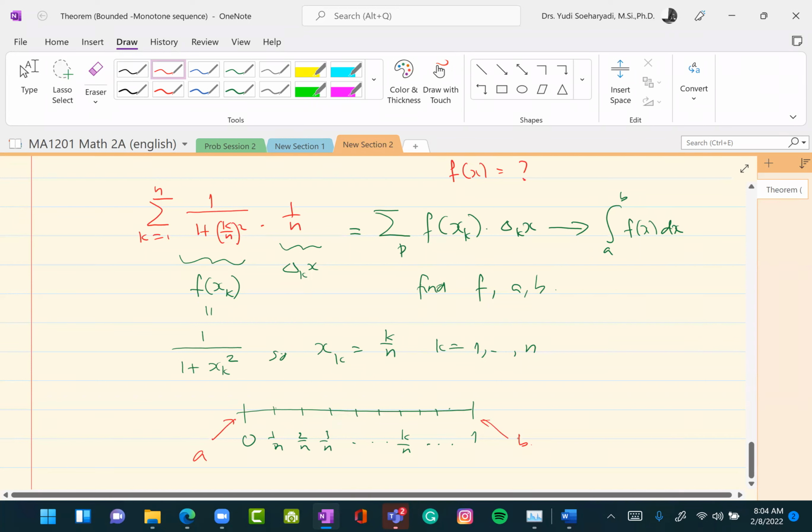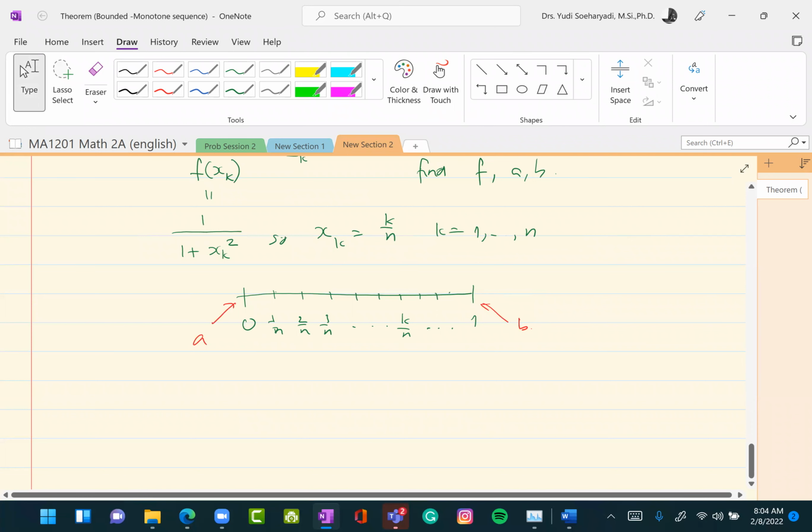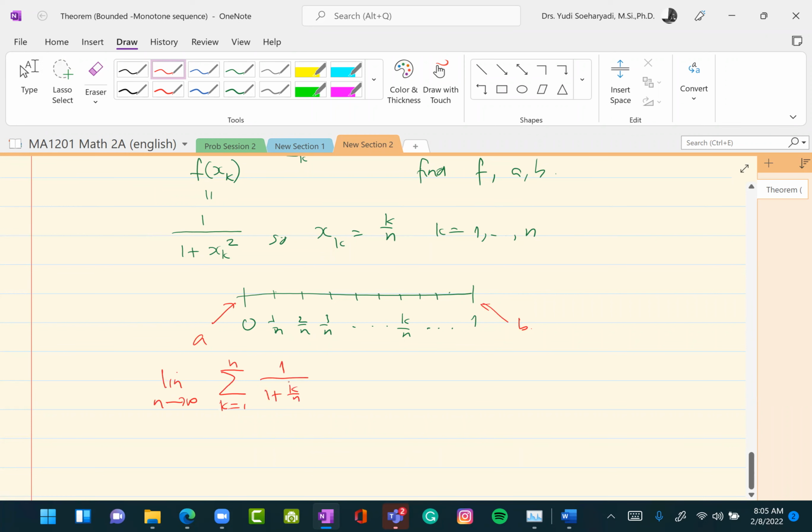All right, so the conclusion is that this limit of the sum of 1 over 1 plus (k over n) squared is the integral from a equals 0 to b equals 1.